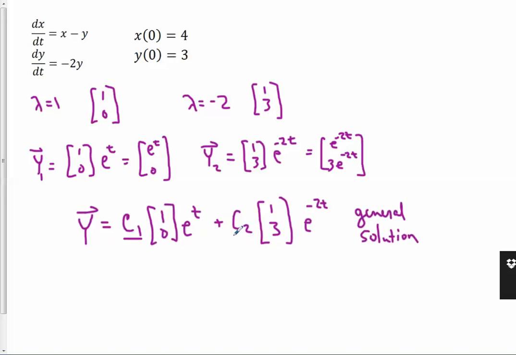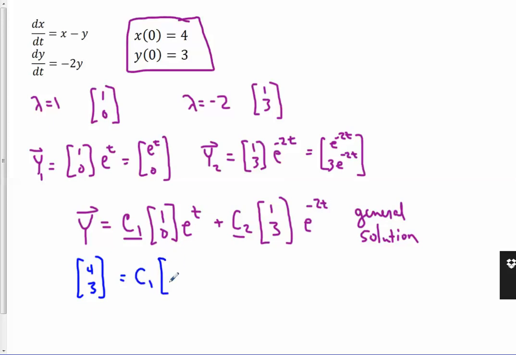Okay, so that's the general solution. And finding C1 and C2 now to match the particular initial conditions that we happen to have, you just work that out. Let's do that real quick. We know the answer is supposed to be 4 and 3. When we plug in 0 for t, both exponentials just give me 1.